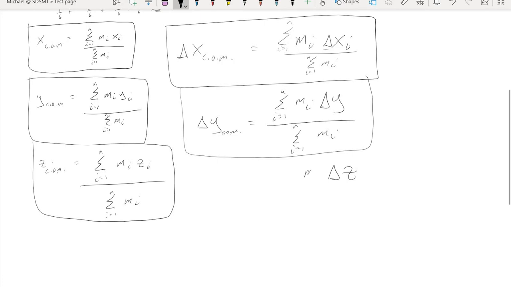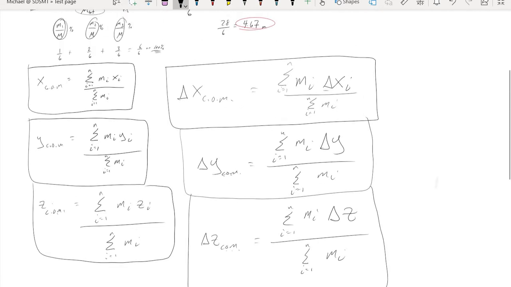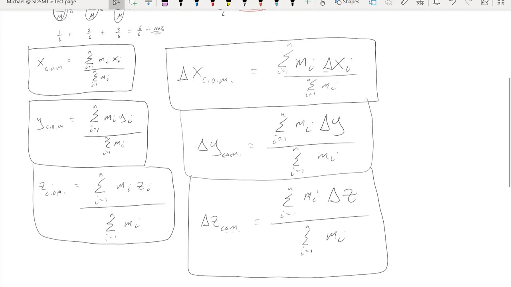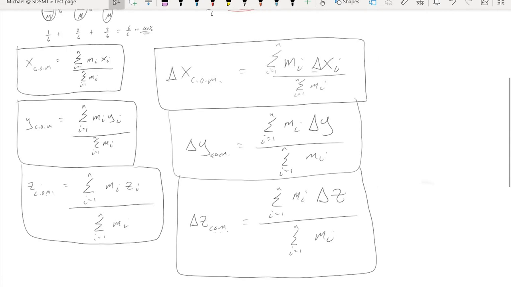We're going to see the same equation written 3 times, once for each axis, x, y, and z. And so now we can map out how each individual mass will change its position, and that will tell us how the center of mass for the entire system will change as a whole. Okay.